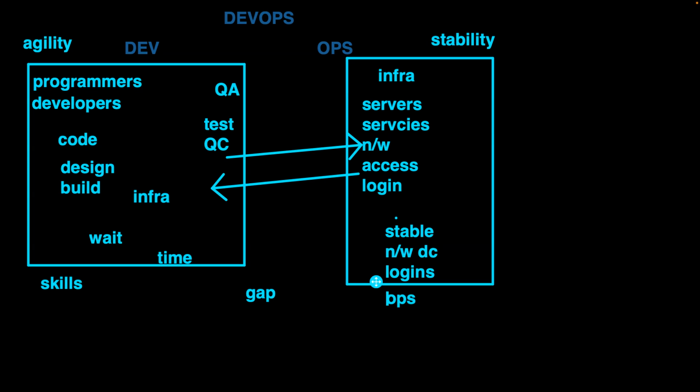So developers don't understand why the ops team is taking so much time. Ops team doesn't understand why developers or QA need these changes. So there arises some gap between them because there is no proper collaboration, no proper understanding, because of the differences in their skill set and understanding. So that's one of the reasons why DevOps came in.